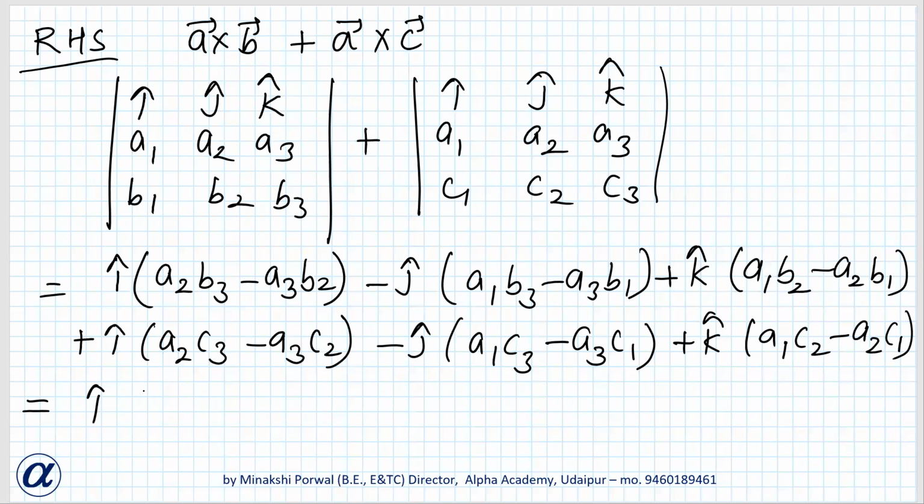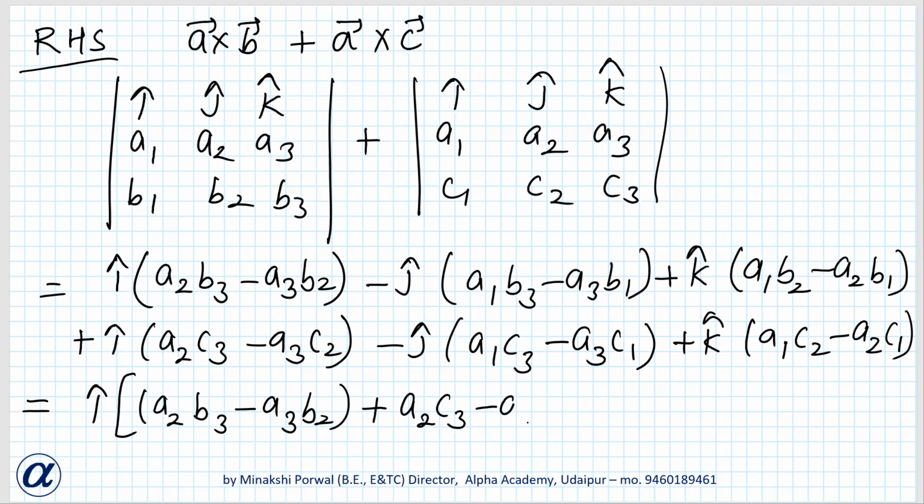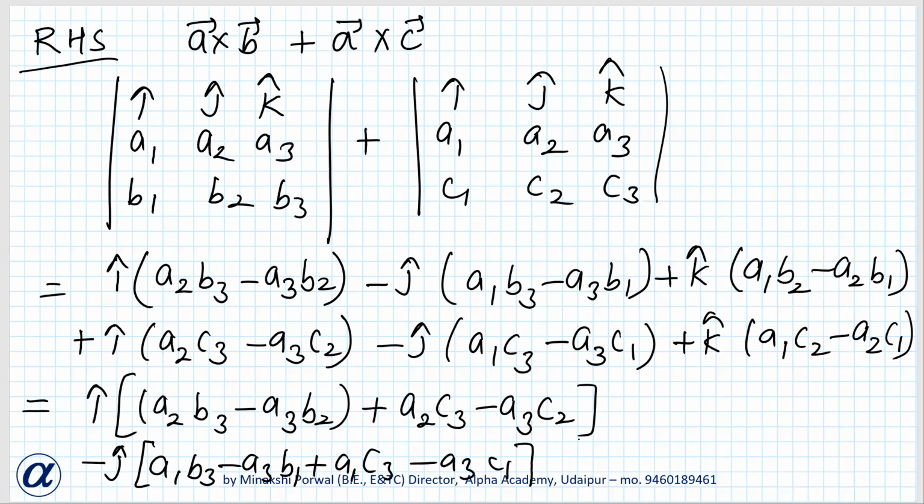So I cap into A2 B3 minus A3 B2, plus A2 C3 minus A3 C2, minus J cap into A1 B3 minus A3 B1 plus A1 C3 minus A3 C1, plus K cap into A1 B2 minus A2 B1 plus A1 C2 minus A2 C1.